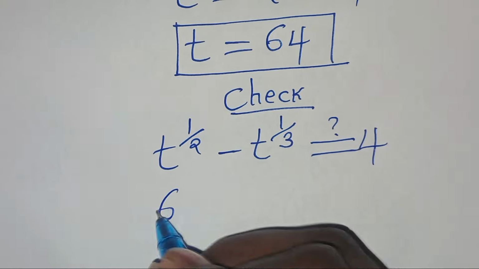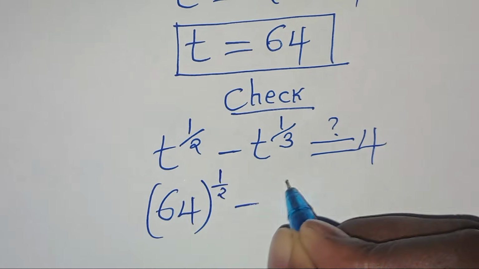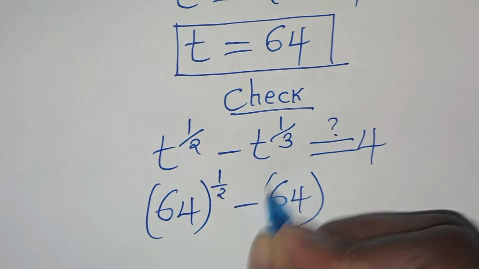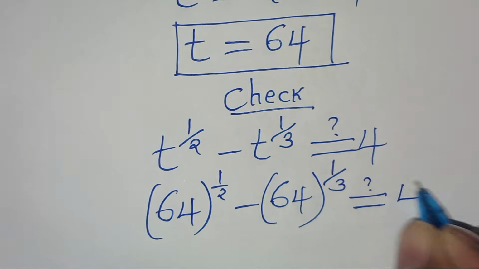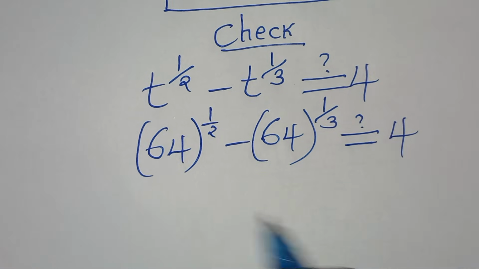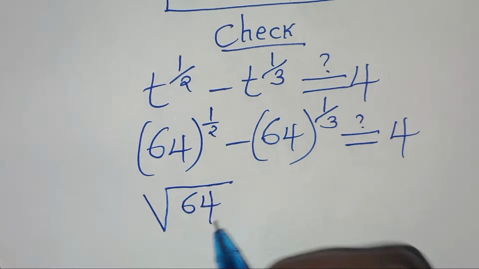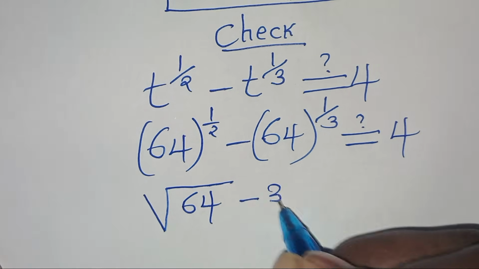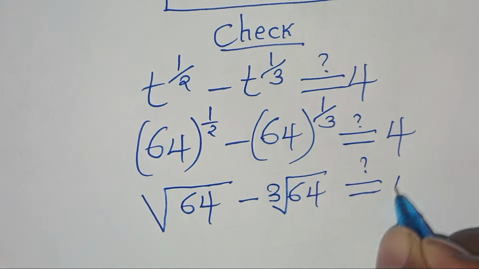So we have 64 raised to the power of a half minus 64 raised to the power of 1 over 3. This is supposed to give us a value of 4. So this is the same thing as the square root of 64 minus the cube root of 64. This should give us a value of 4.